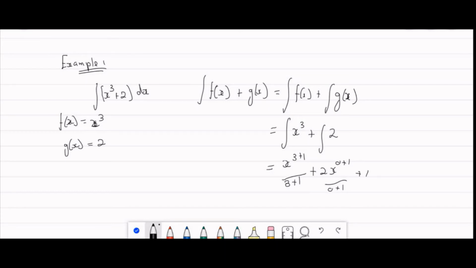Now our final answer will be x to the power 4 over 4 plus 2x plus c. So this is our final answer.